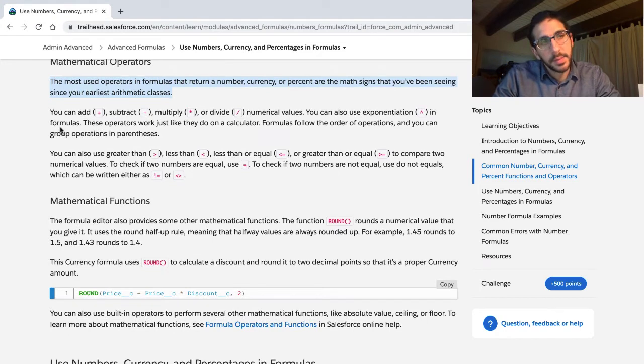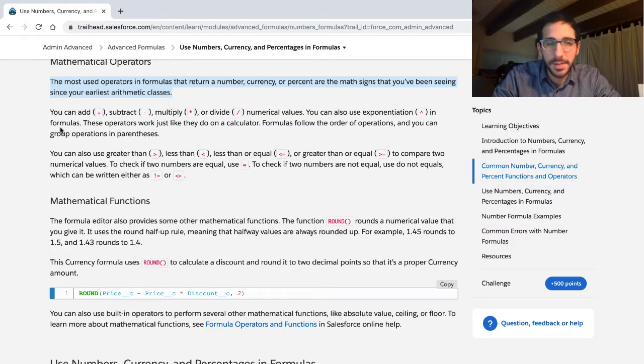Operators are not the people that you press 0 to reach. They are little symbols that you've been seeing since your earliest arithmetic classes.